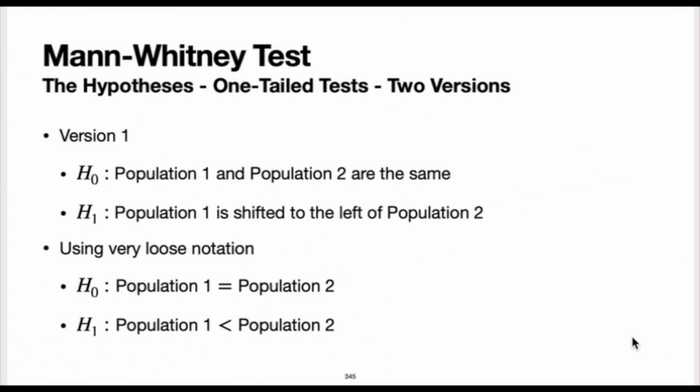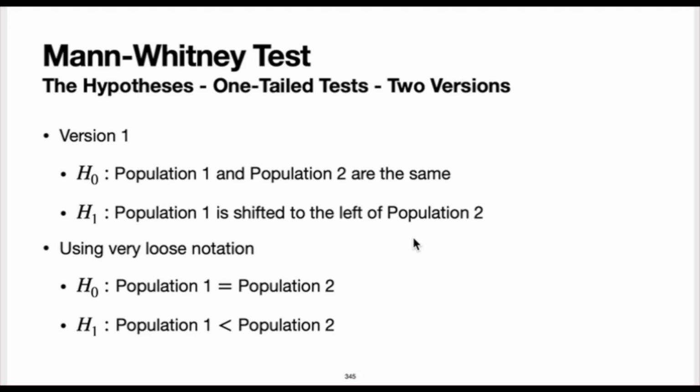Now for the one-tailed test, we're going to have two versions. So I've got the first version of the one-tailed test on this slide. So the null hypothesis here would be that population 1 and population 2 are the same. That's the same null hypothesis as we had for the two-tailed test on the previous slide, against the alternative that population 1 is shifted to the left of population 2.